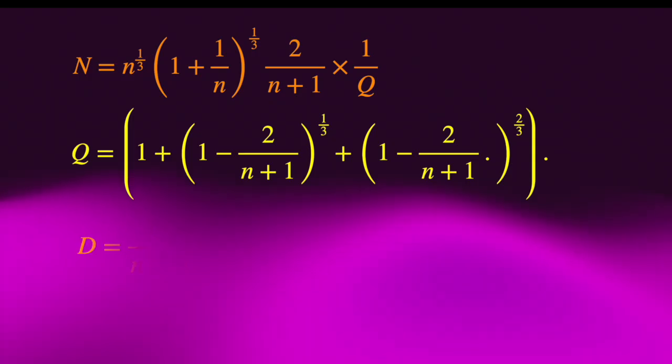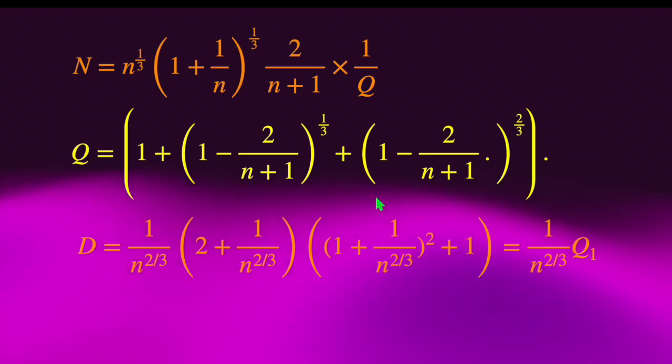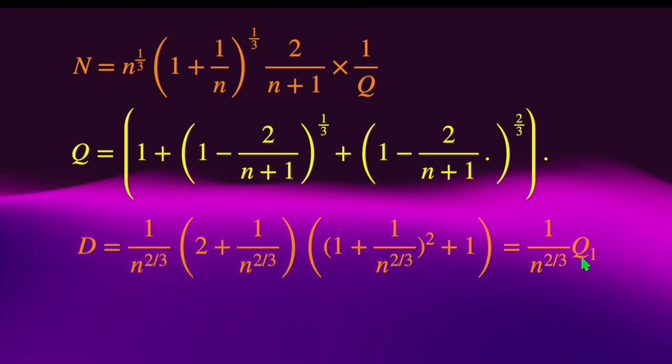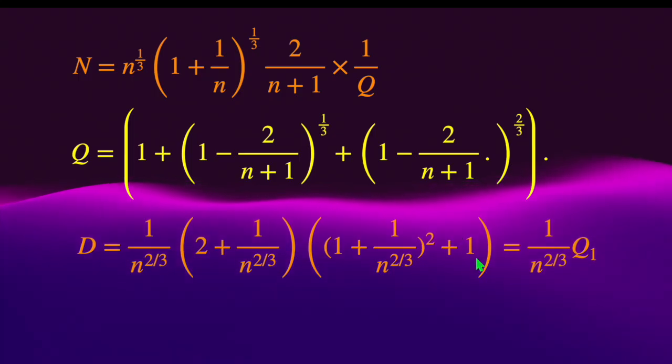Okay, now the denominator can be written as 1 over n^(2/3) times q1, where q1 is this quantity.